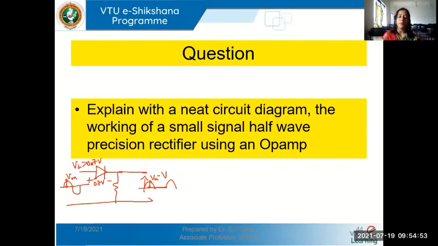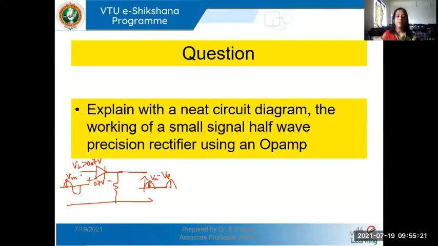Only when the input voltage exceeds 0.7 volts will the diode start conducting. And the output half wave voltage will always be less than the input peak voltage by 0.7 volts, because the drop across the diode gets subtracted, as you can see.